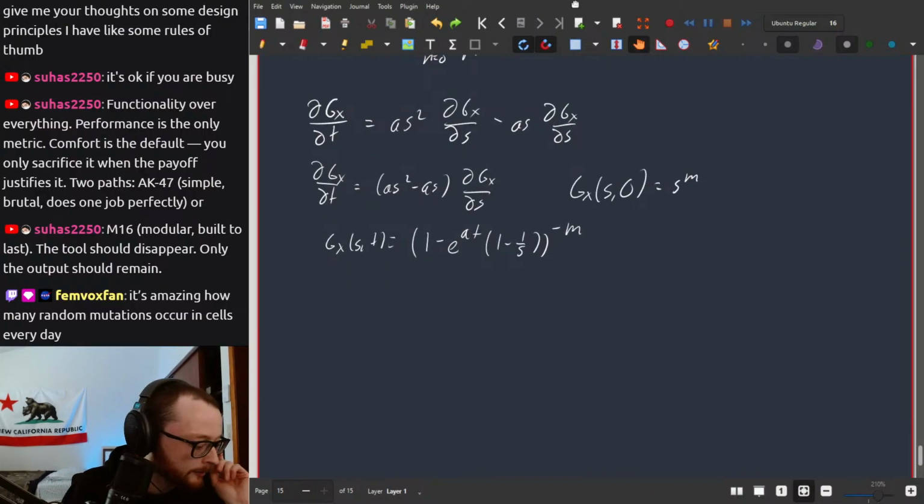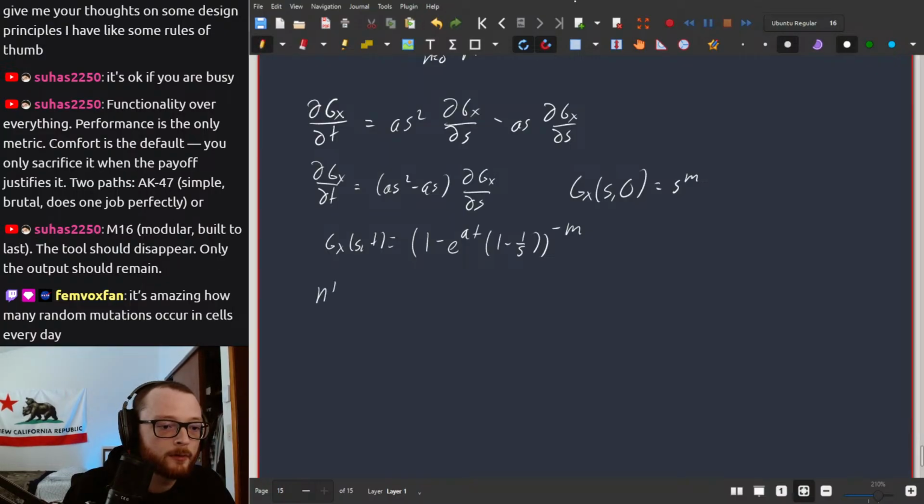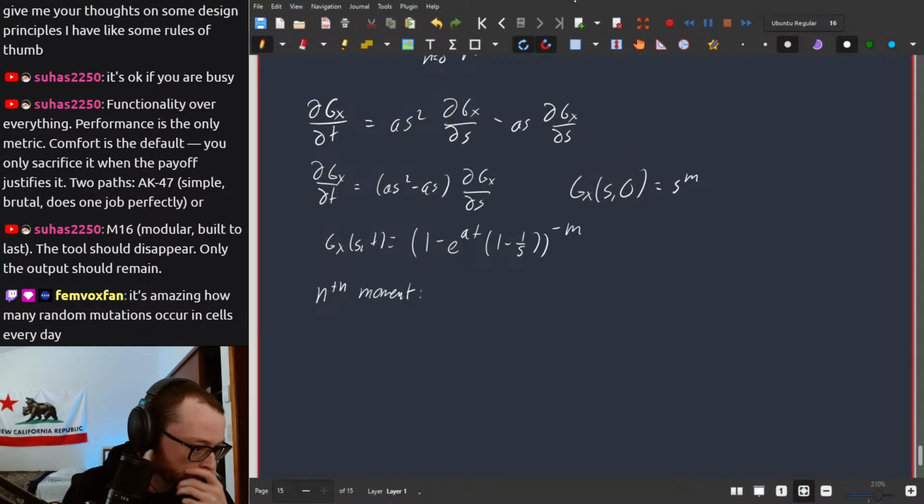You can also calculate things like expected value directly from the generating function. Same with the variance. There's actually a formula for the nth moment.